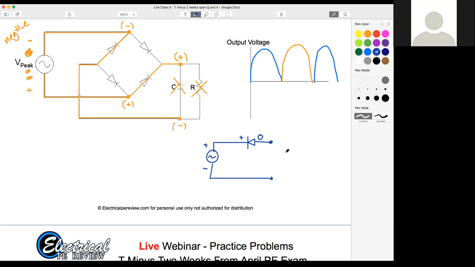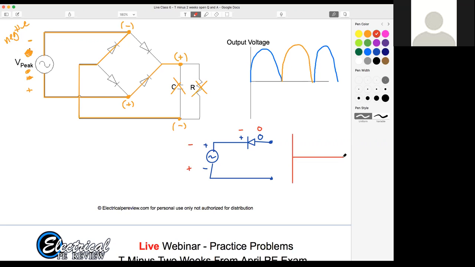Open, great. Okay, now what happens when my voltage is negative? What happens when it's like this? Is this diode going to be open or closed? Closed, exactly.